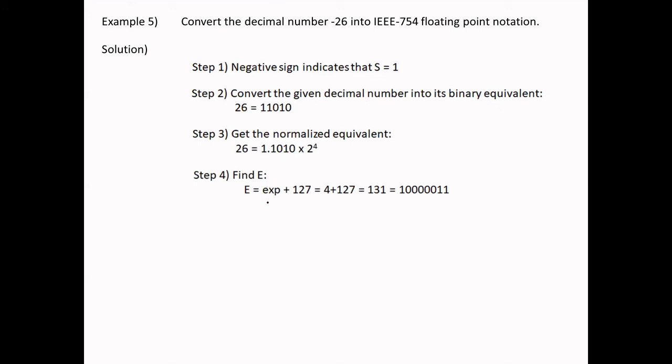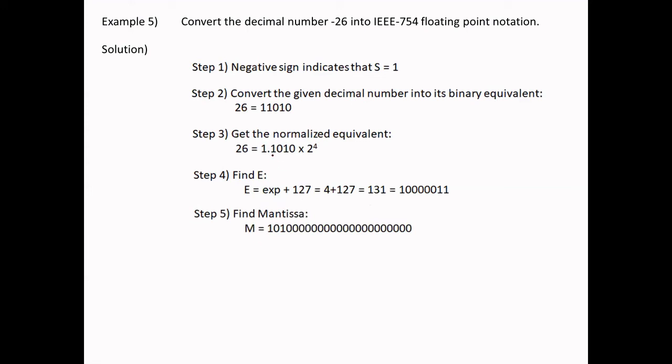So now find capital E, that is the biased exponent. We know the biased exponent equals original exponent plus 127. So here the original exponent is 4, plus 127, that is 131. Convert into binary equivalent. Now find the mantissa.